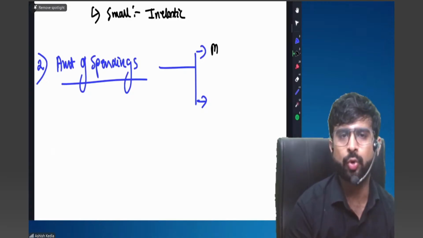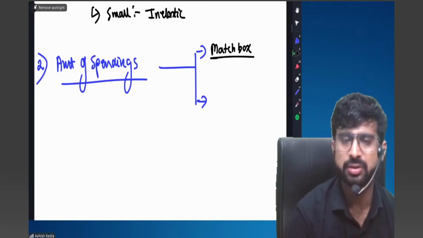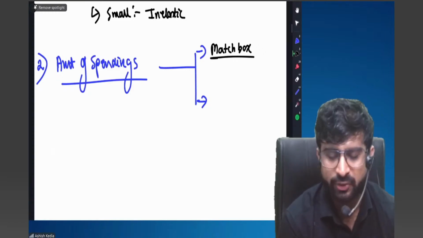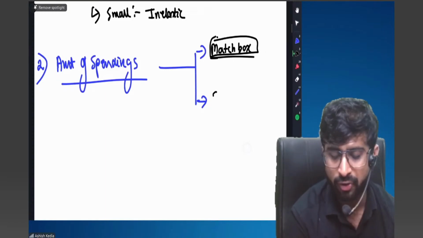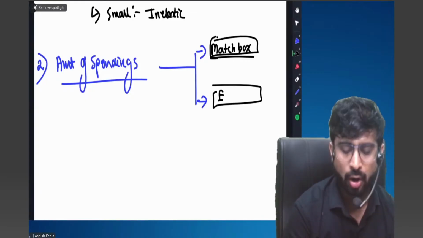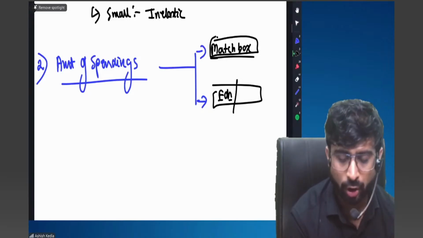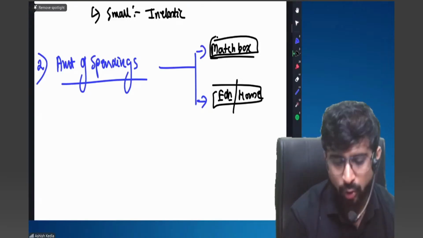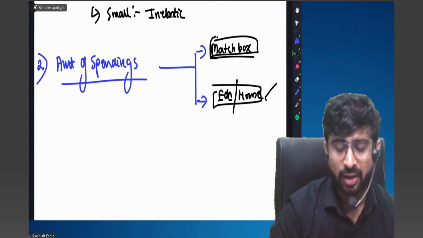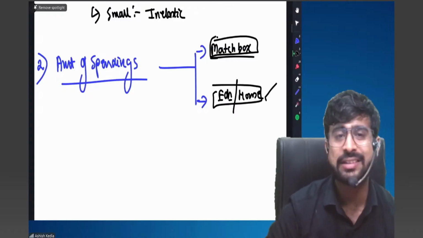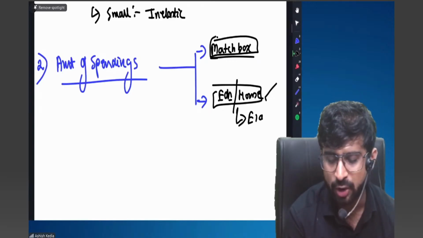For your day-to-day needs, maybe for the kitchen or for puja, you need a matchbox. But in your family you also spend a lot on education, and on your house. If you decide to buy a house, the expenditure is huge, so you will be more cautious, and the elasticity will tend to be high.